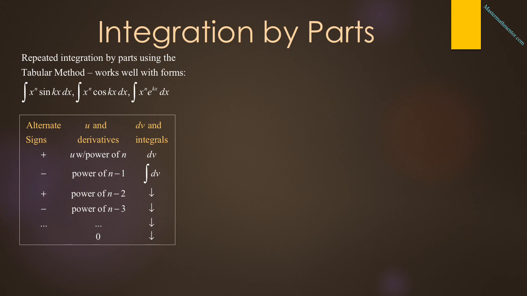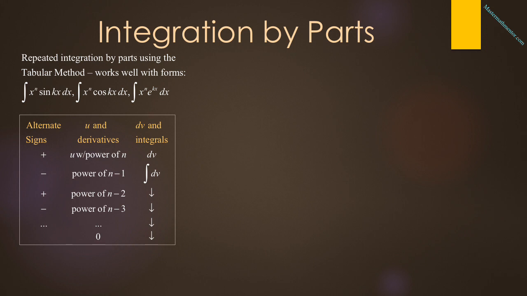The u column will continually take derivatives. Since the u will probably be an expression of an x to a power of n, then the derivative will have a power of n minus 1, the next derivative will have a power of n minus 2, etc. Eventually you will get down to 0.